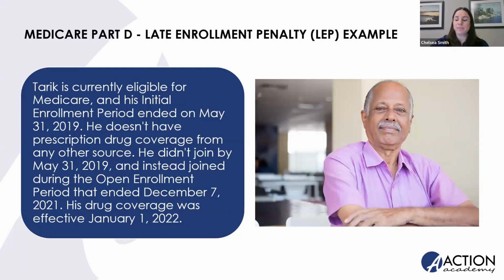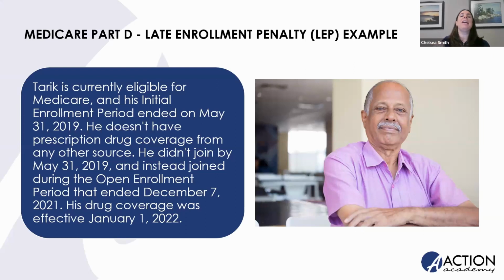So for example, when a person joins a Medicare drug plan, that plan will review Medicare systems to see if the person has a potential break in credible coverage for 63 days or more in a row. If so, the Medicare drug plan will send a person a notice asking for information about prior prescription drug coverage.